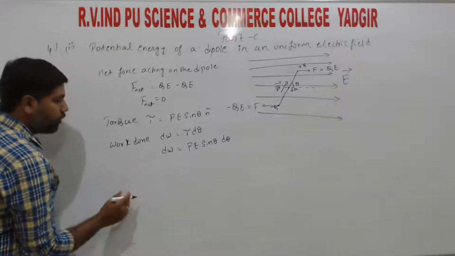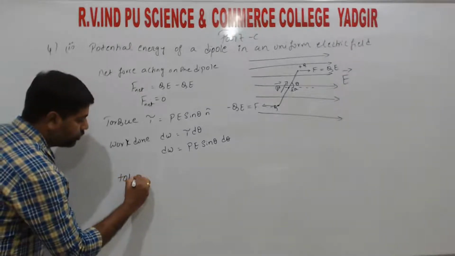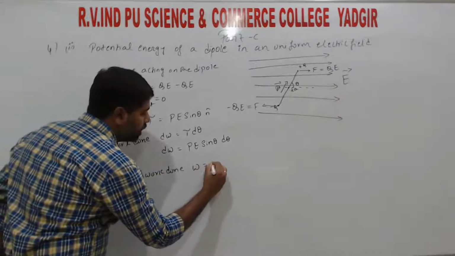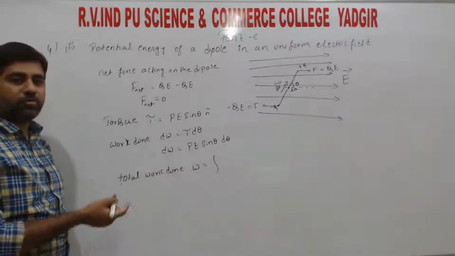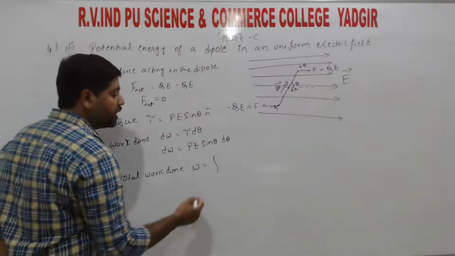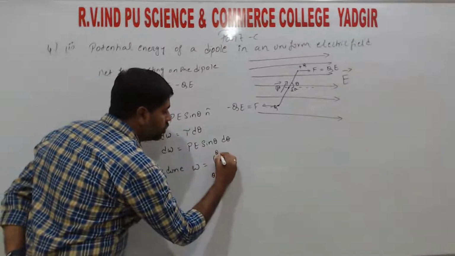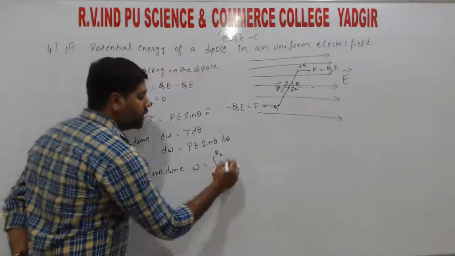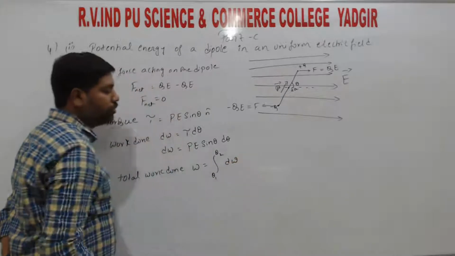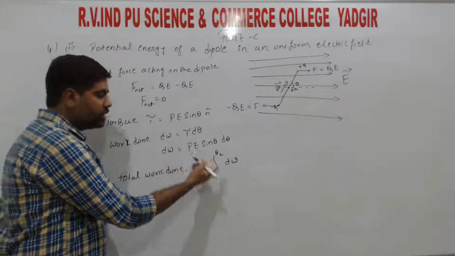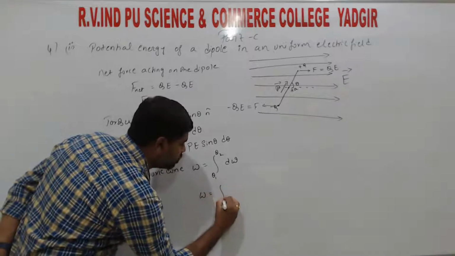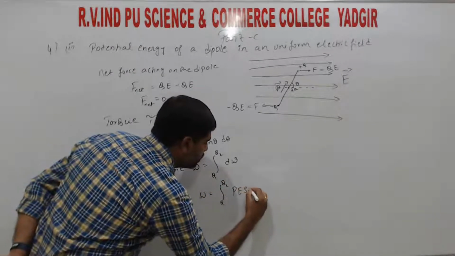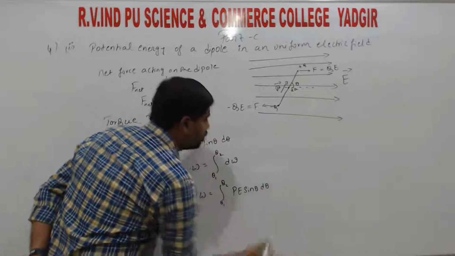Now we find the total work done W, which is equal to the integration from theta 1 to theta 2, the rotation of the angle from theta 1 to theta 2, of dW. We have the relation for dW, so substituting, W is equal to the integral from theta 1 to theta 2 of PE sin theta d theta.